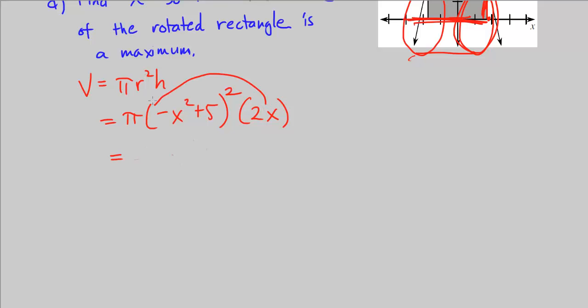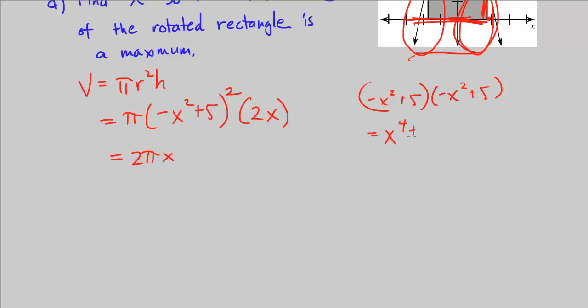I can multiply 2x and pi, so that's 2 pi x times this squared. So that squared, again, is just negative x squared plus 5 times negative x squared plus 5. And that's equal to x squared, negative x squared times negative x squared is x to the 4th, plus negative x squared times 5 is negative 5x squared.